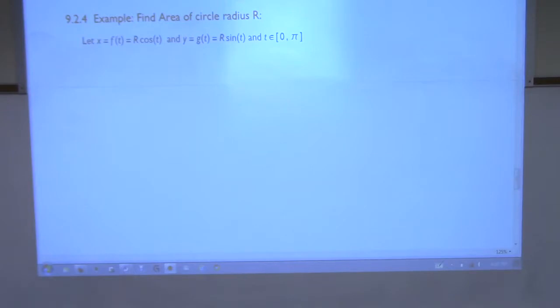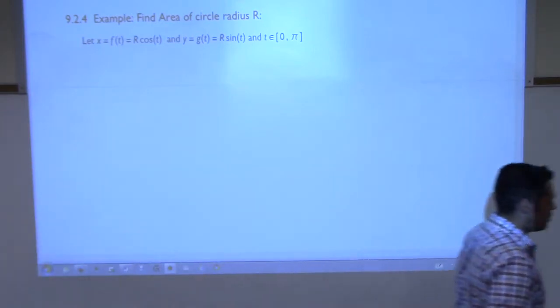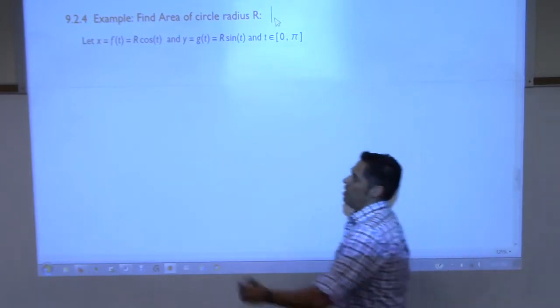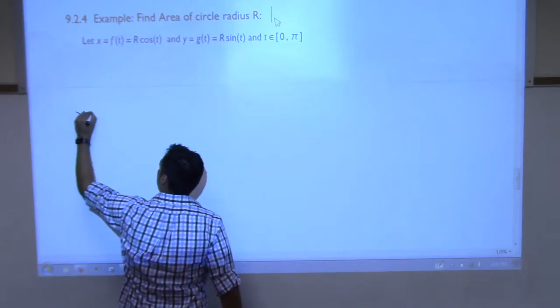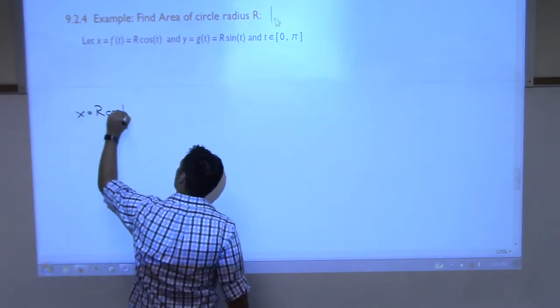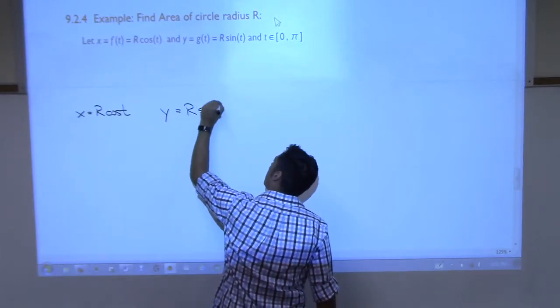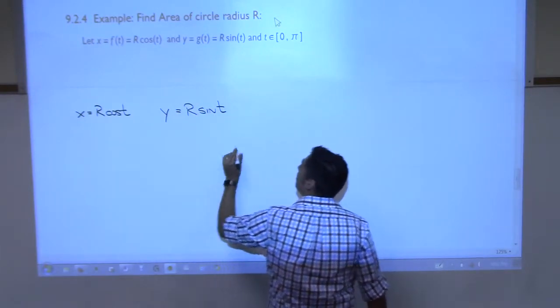What you're about to see is going to be incredibly awesome, how easy this problem is going to turn out to be. All right? So first, I'm using capital R. I don't know why, I just didn't want to use little r. Little r gets overused.